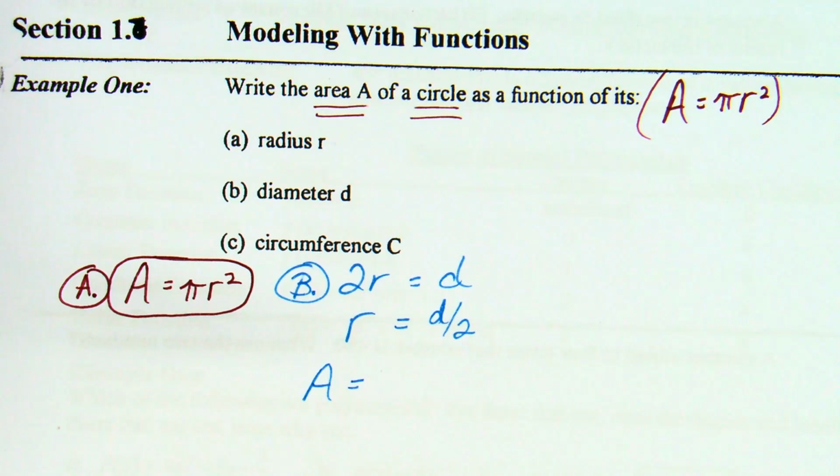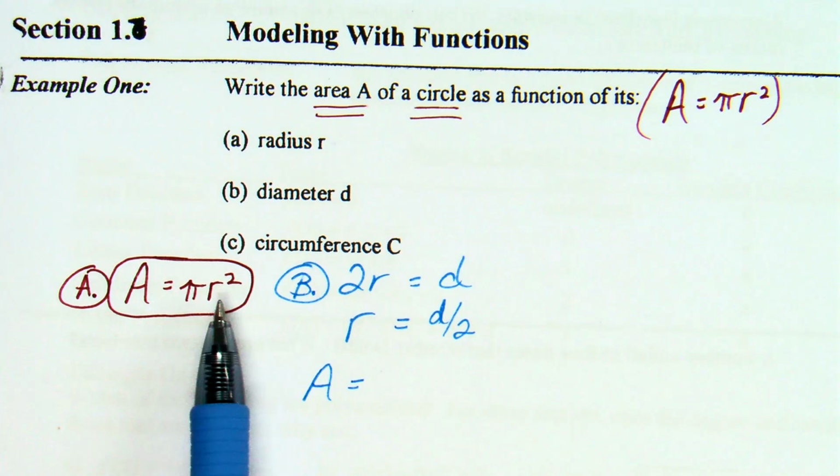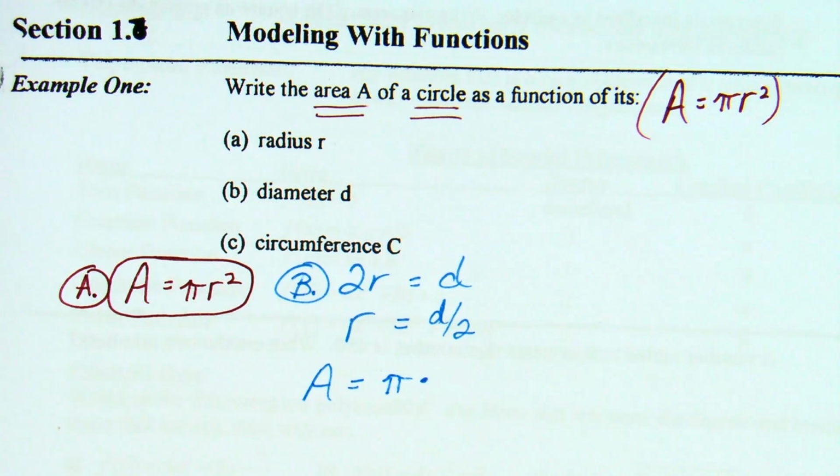My goal here is to write the area, but when I do my pi r squared, I don't want to use r. I want to use d. So that means we have to think about the relation. Area of a circle is pi times the radius squared. What's another way to say radius? d over 2, half of diameter.